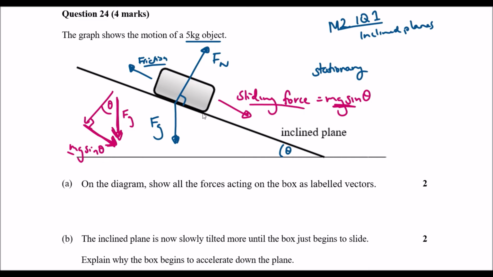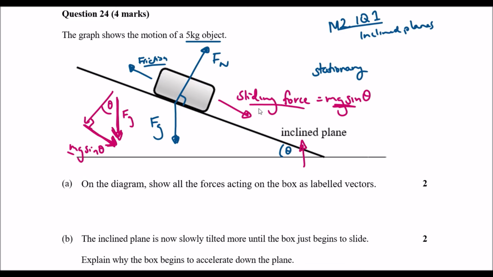So how can I explain why at a bigger theta, this box will begin to slide? Well, what we know is the sliding force here should equal the static friction force.